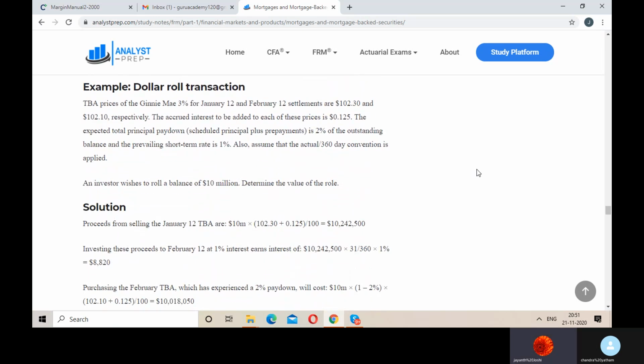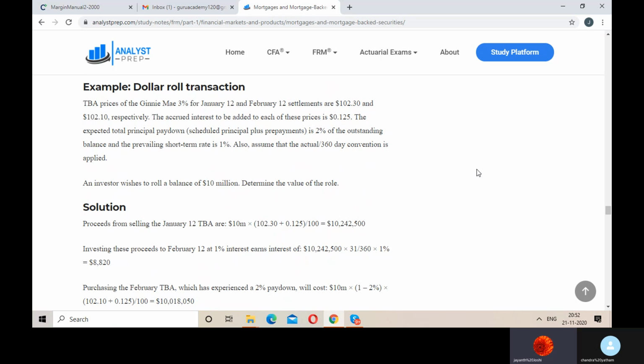So TBA is nothing but to be announced. Prices of Ginnie Mae. You know this Ginnie Mae and this Freddie Mac. These guys purchase the mortgages from the secondary market and then they sell by converting them into securities.